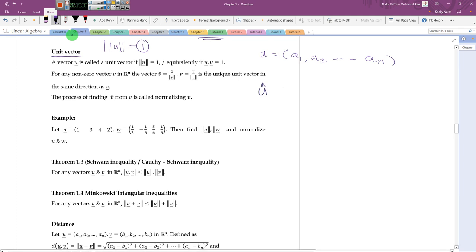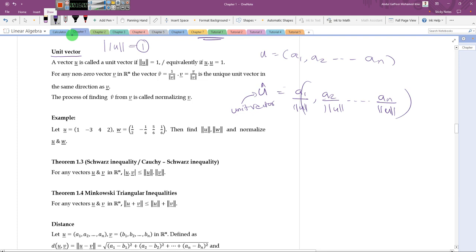So u hat, this is called the unit vector, is equal to a1 divided by the norm of u, comma a2 divided by the norm of u, up to an divided by the norm of u. Okay, so this will give me the unit vector.